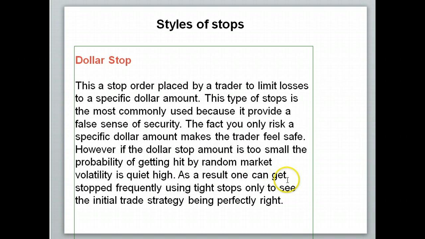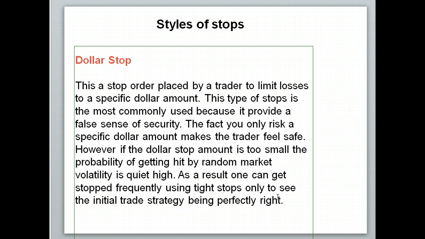As a result, one can get stopped frequently using tight stops, only to see the initial trade strategy being perfectly right. So a dollar stop is basically a stop that you place based on your wallet.